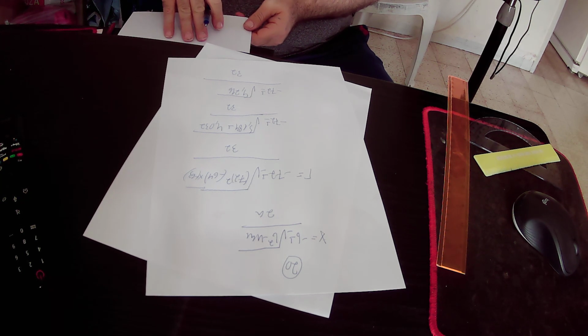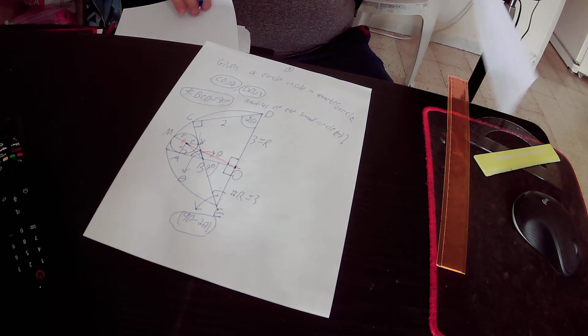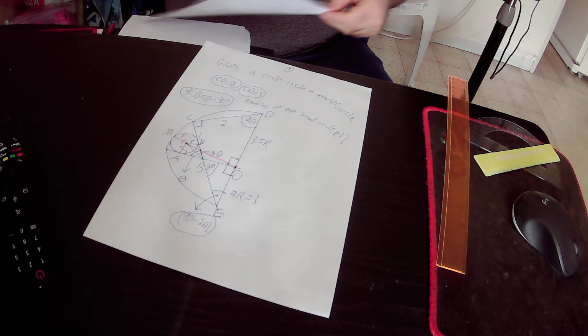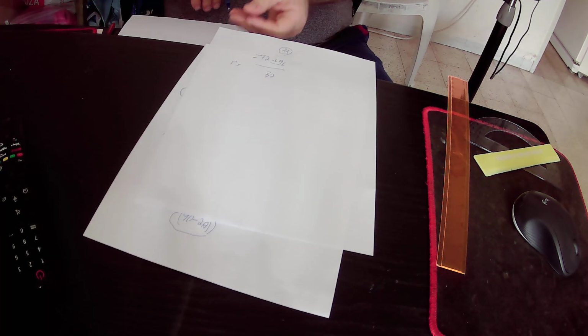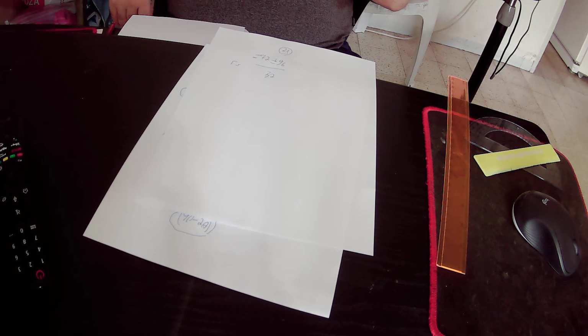So in total we got here two solutions. R equals minus 72 plus minus 96 over 32.